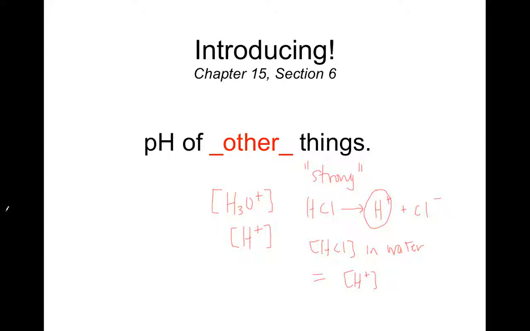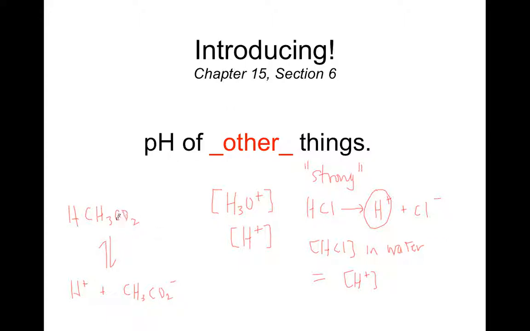But it's going to be a greater challenge if we have a more complicated scenario. So let me take, for example, a weak acid. Let me say acetic acid, HCH3CO2. This is in equilibrium with H+ and acetate, CH3CO2−.